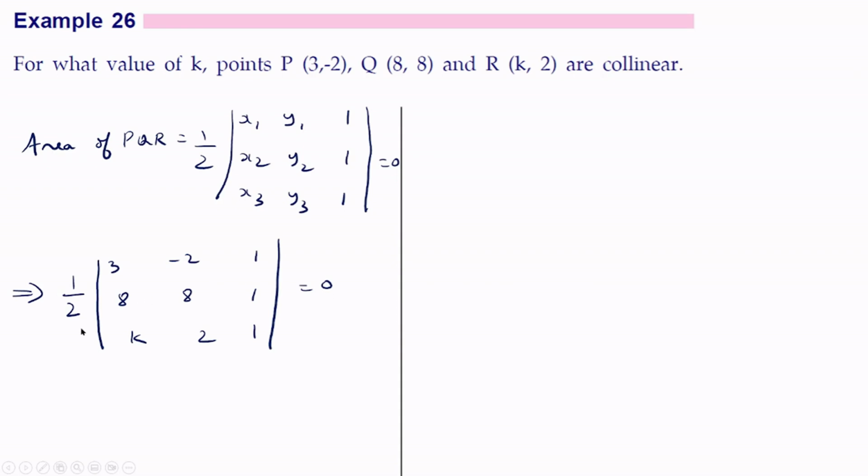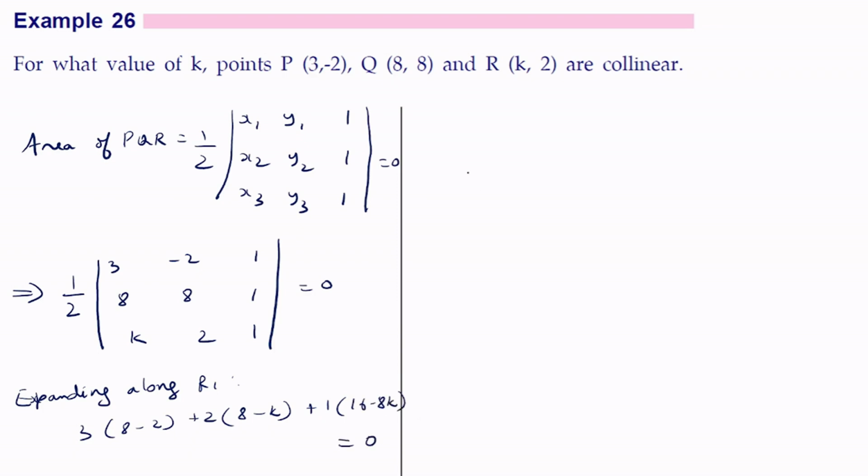So here half into this determinant equal to 0 means we can consider this determinant alone as equal to 0 and we can expand along R1. Expanding along R1: 3 into 8 minus 2, minus of minus 2 plus 2 into 8 minus k plus 1 into 16 minus 8k equal to 0.